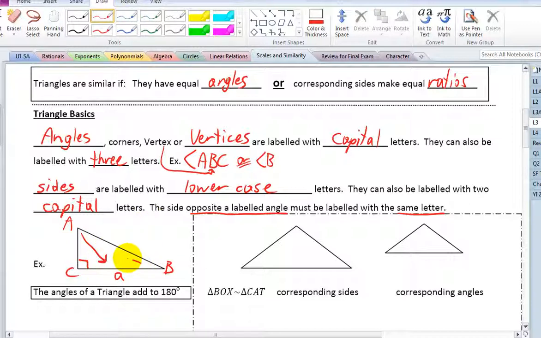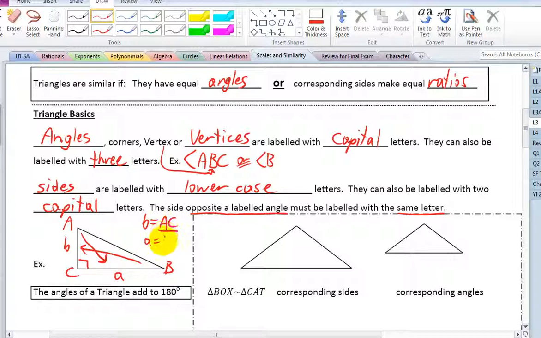This is capital B, so this would be little b. So we can say little b could also equal what 2 capital letters? AC. Okay. That's what we're talking about with lowercase and 2 capitals for the sides. Lowercase a can also equal what?